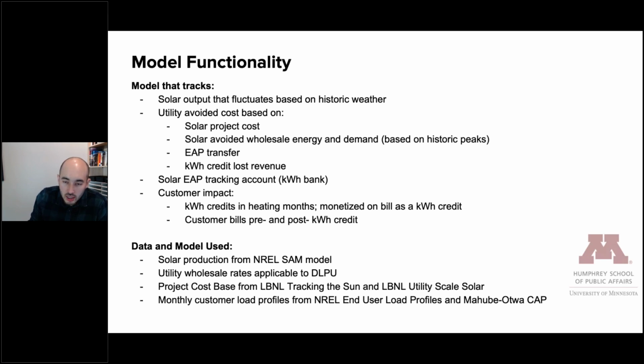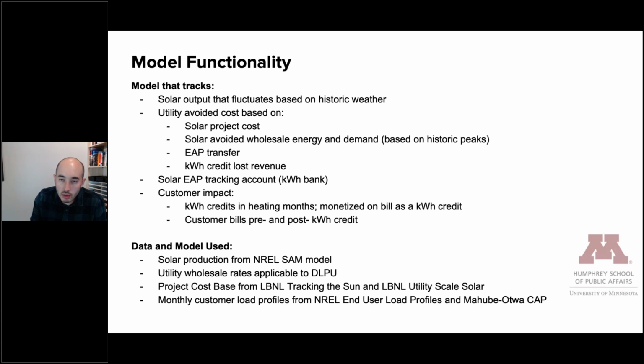And so to look at this, we developed a kind of tabletop model to help track all of the different flows of energy and dollars and energy assistance to try to understand, okay, what would this look like for all the involved parties? And how do we start to get our heads around who's going to need to be tracking what over the course of the year to make this work?